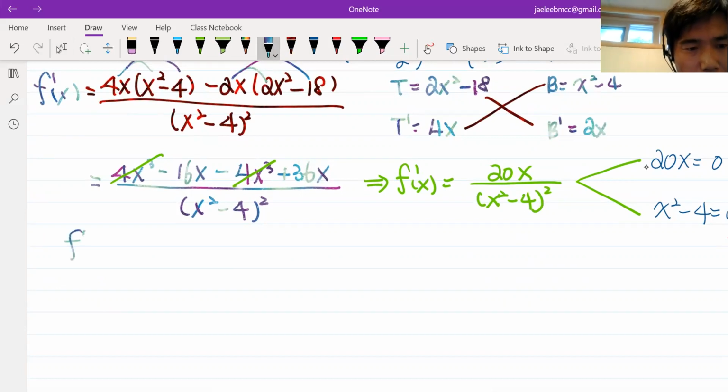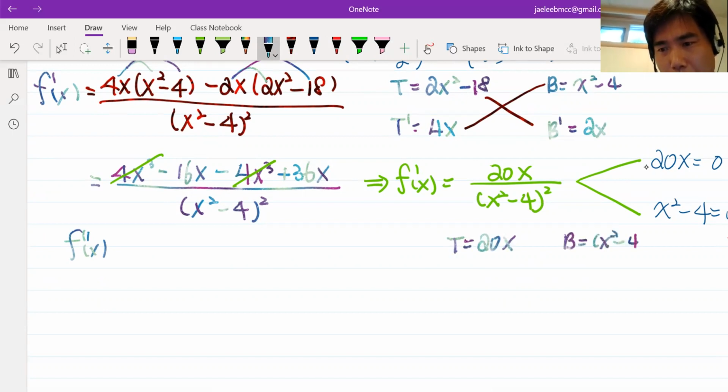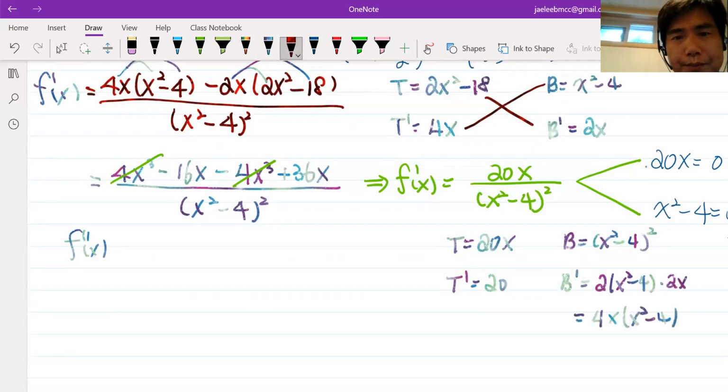For the second derivative we also need to use the quotient rule. So top = 20x, bottom = (x² − 4)², then top′ = 20, bottom′ = 2(x² − 4) times 2x, which means 4x(x² − 4).